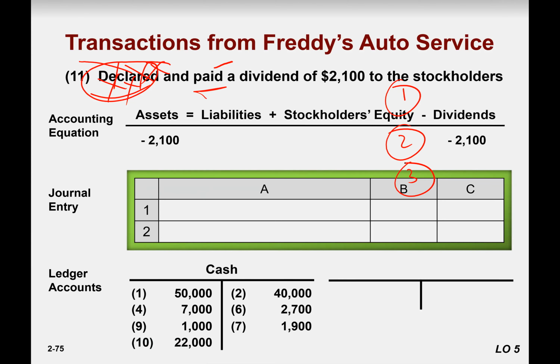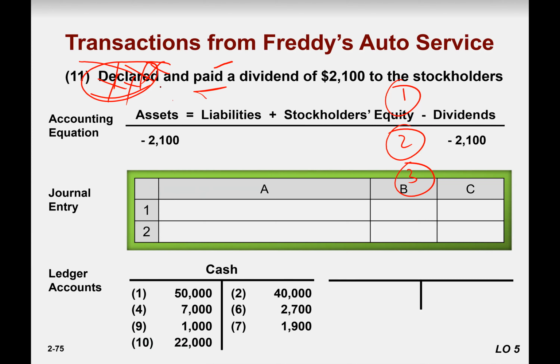Now, 3 steps. Find out the two accounts. Which two accounts are going to be hit? Paid dividend of $2,100. Identify two accounts. The accounts are the assets and the dividend. But which kind of account? Asset is a broad category, right?